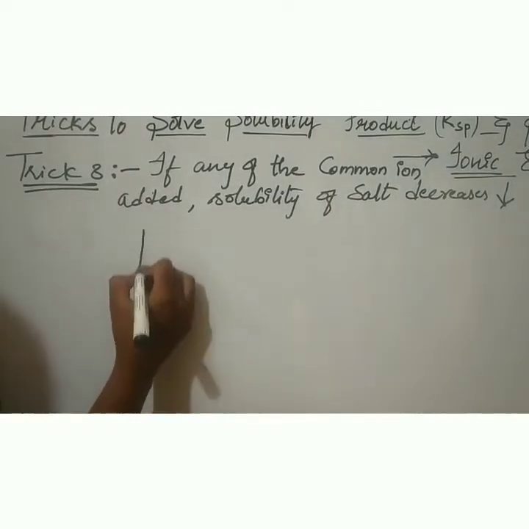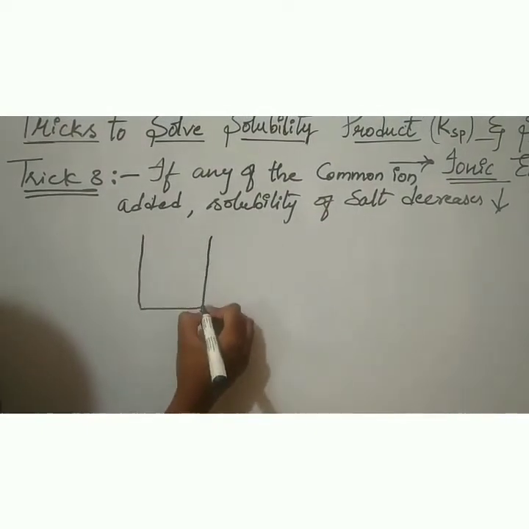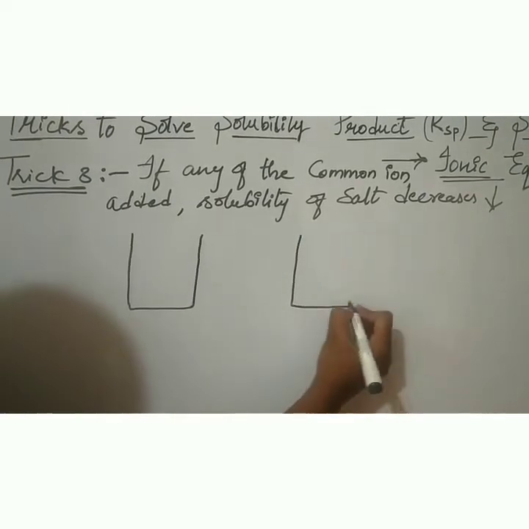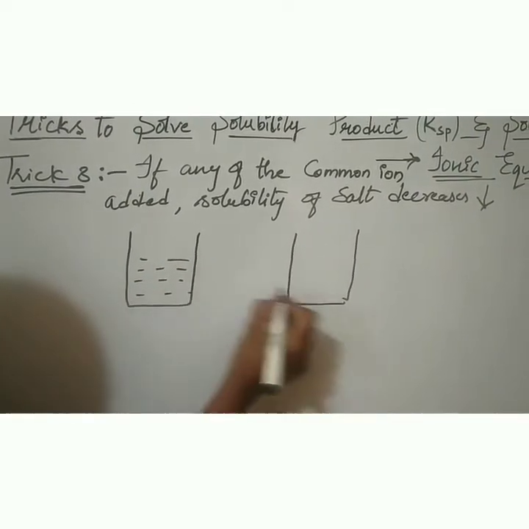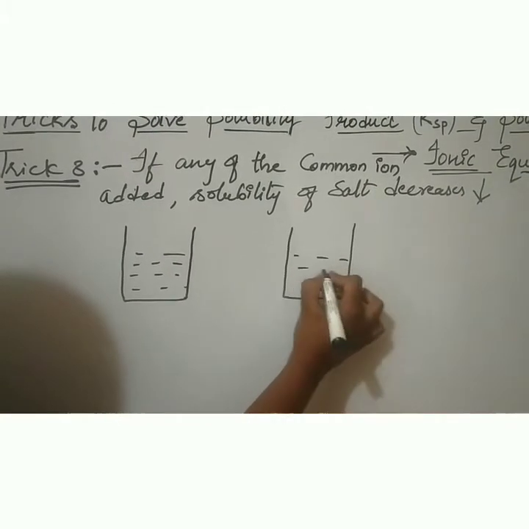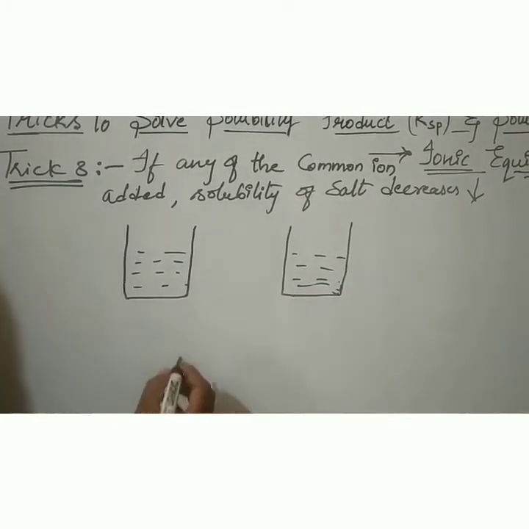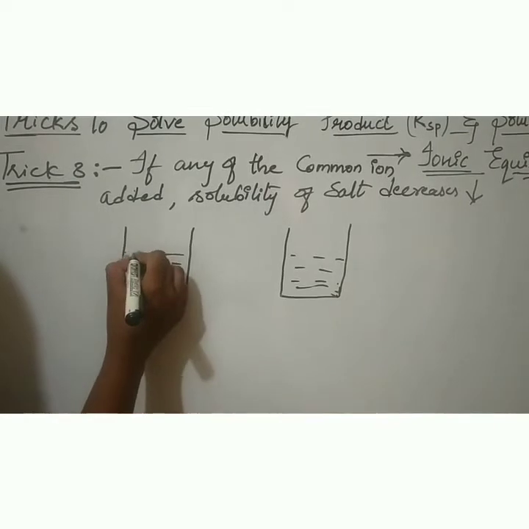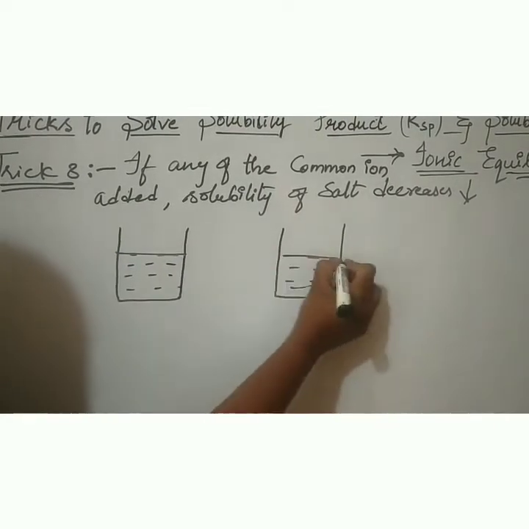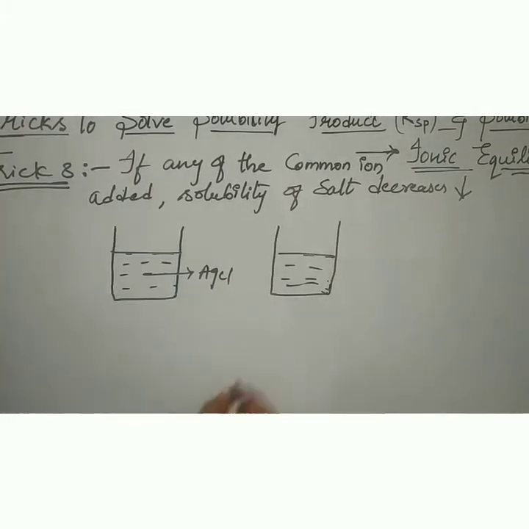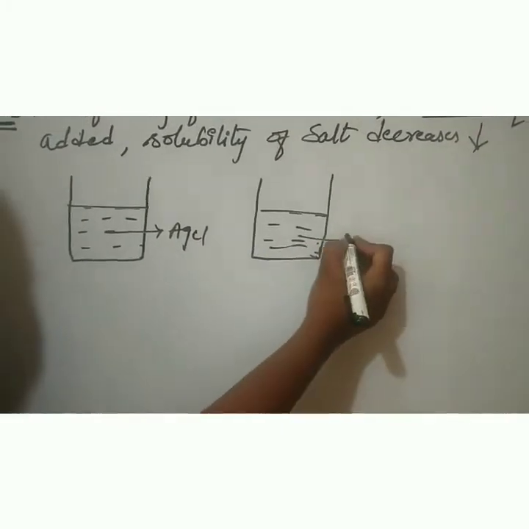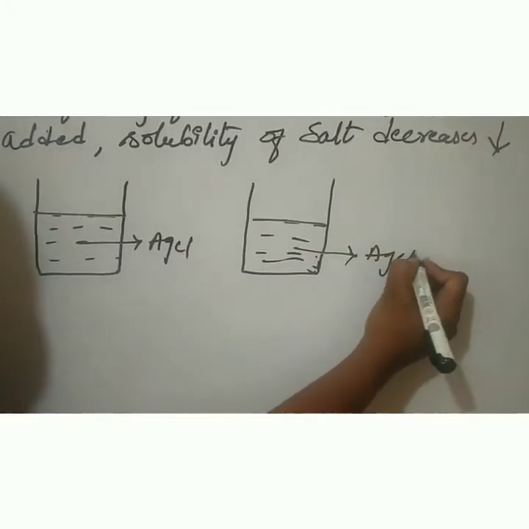For example, you should take two beakers here. This is an AgCl salt, and here also AgCl salt is added.